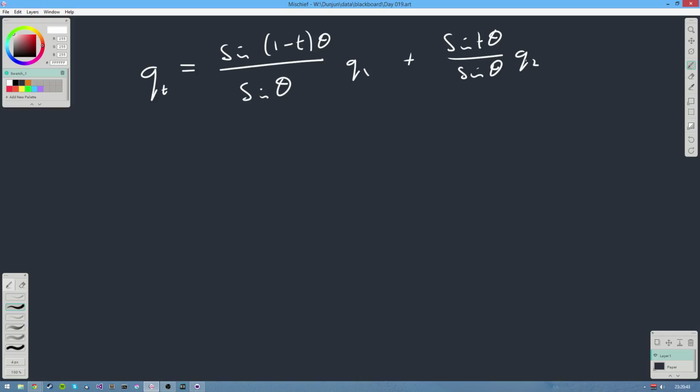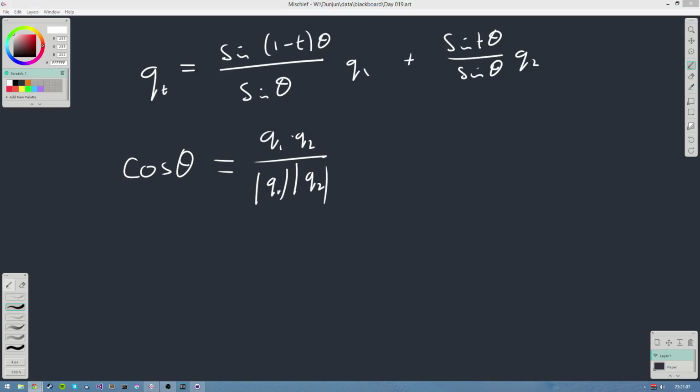Now that's interesting, and as I already said in the previous episode, you can obtain the angle between these two things from the dot product. Cosine theta is equal to the dot product, and it'll give us the angle between. Works perfectly fine.